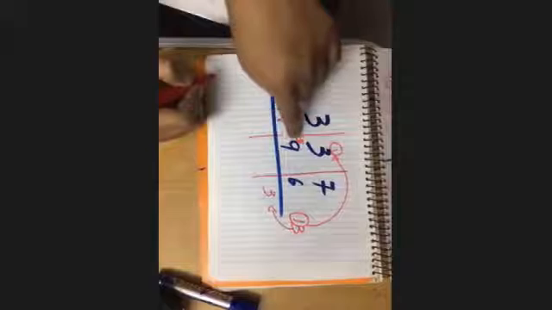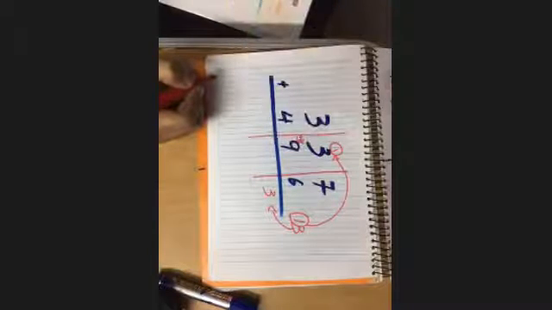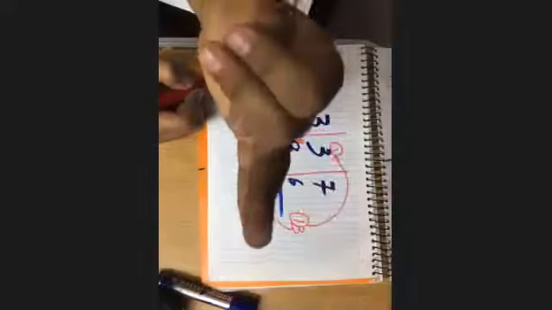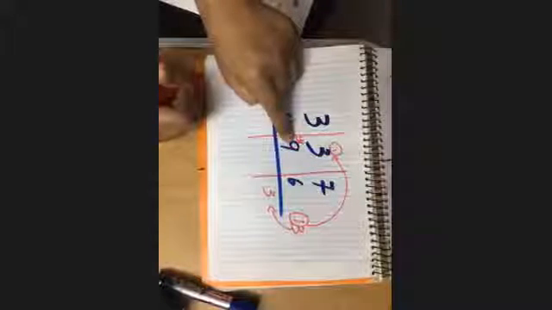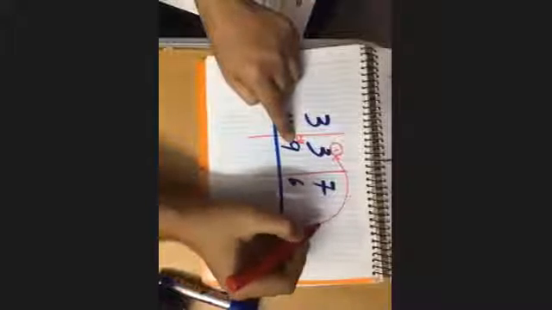And we need to add 4 plus 9. I will take 9, put it in my head, and 4 in my hand. After 9, 10, 11, 12, 13. So 4 plus 9 equals 13, 2 digits. We write it here behind.